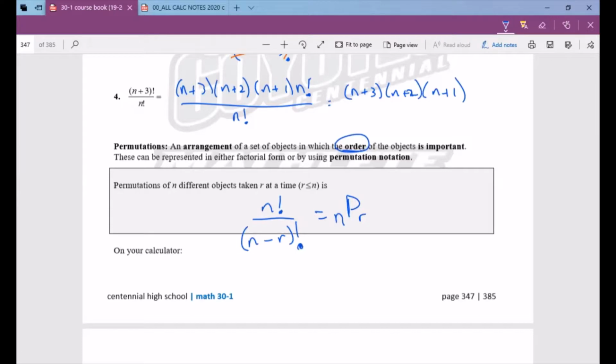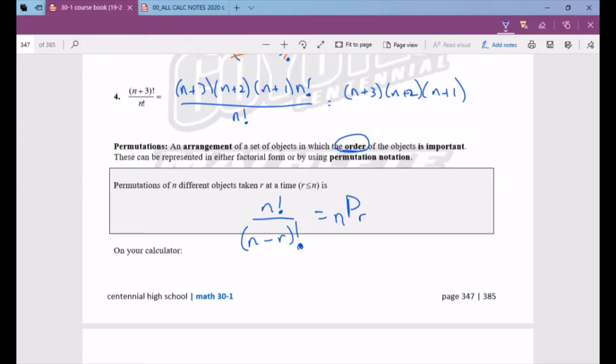This shows up in your calculator in the same place that we just found the factorial notation. So on a CASIO, you use option, and then probability, I believe, is on the next screen. On the TI calculators, you hit math, and then you arrow over to probability, and then you'll see nPr.